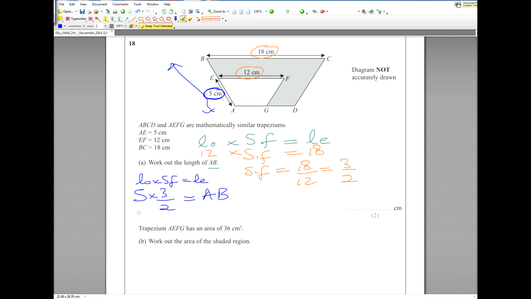Lovely. So what is 5 times 1.5? What do we get, folks? Beautiful. So 7.5 is equal to AB. Okay, who got that one right? That's right.